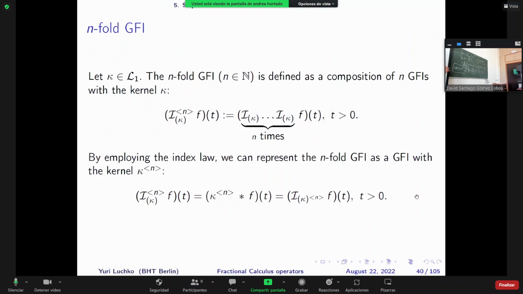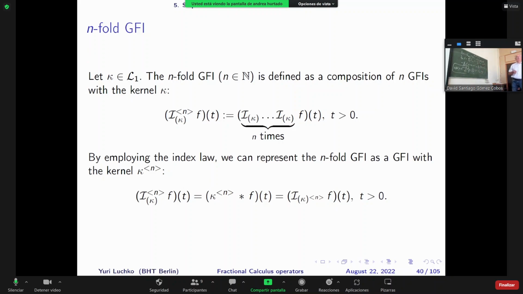Well, having defined the general fractional integrals and derivatives of arbitrary order, we consider now another generalization and introduce the so-called n-fold general fractional integrals. These are repeated integrals, and also n-fold general fractional derivatives.